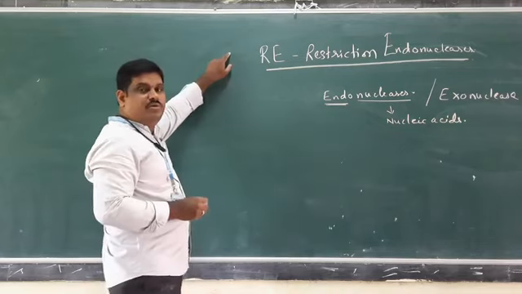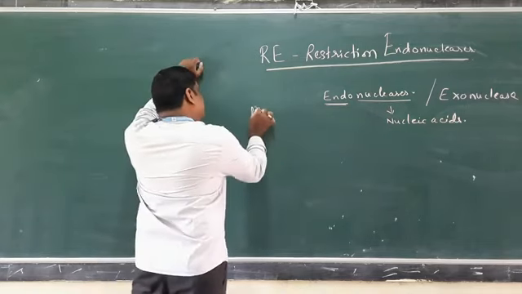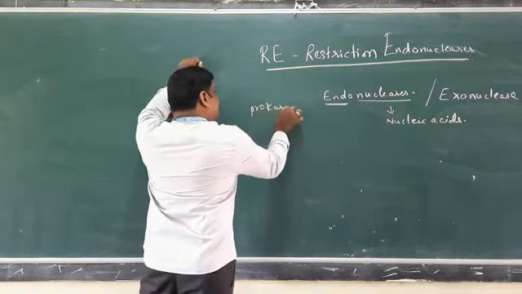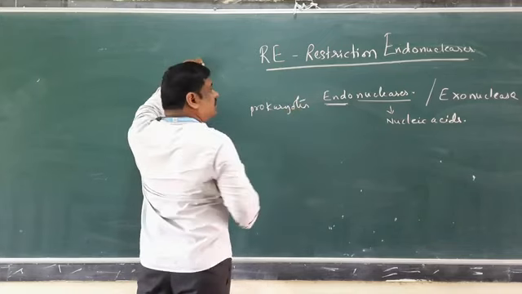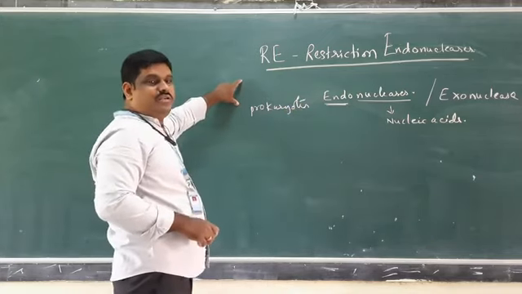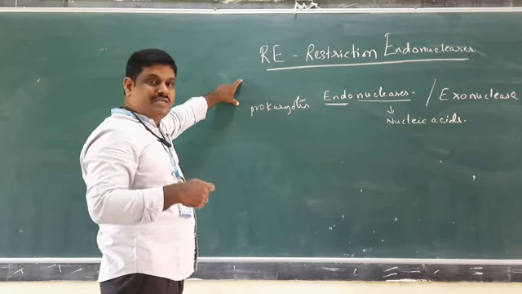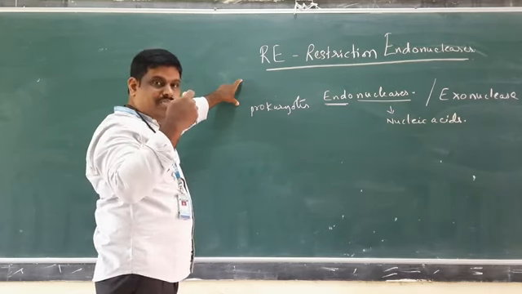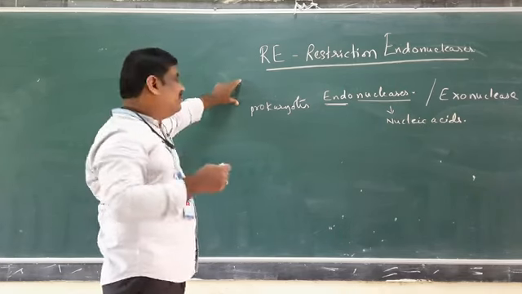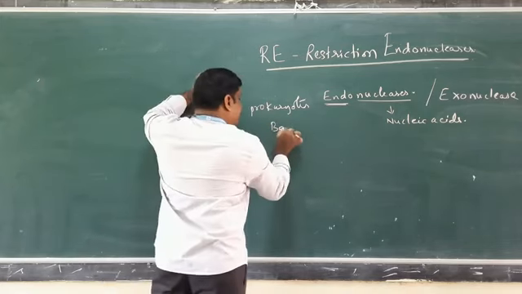First, restriction endonucleases are generally present in prokaryotes. Till now, whatever restriction endonucleases have been retrieved, separated or extracted, have come from bacteria.